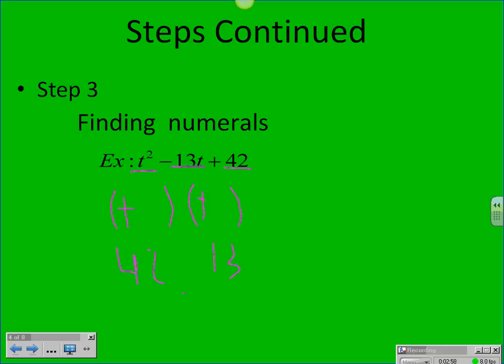So what goes into 42? 6, 7. That's it. When added, does it equal 13? Yes, it does. So we will place it in our answer. 6 and 7.